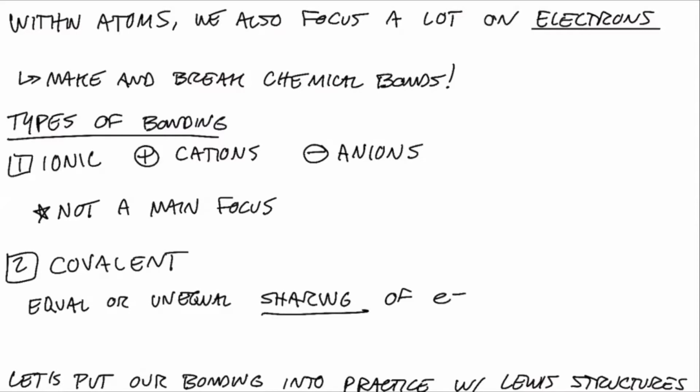If it's an equal sharing, that's what we call a nonpolar covalent bond. If it's an unequal sharing, that is a polar covalent bond. And we'll talk more about what makes polar and nonpolar bonds later on. We're going to look at electronegativity for that.